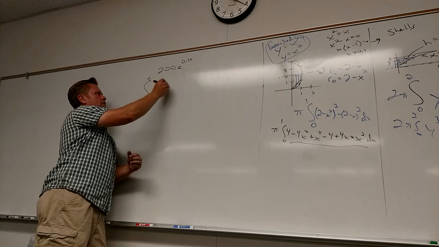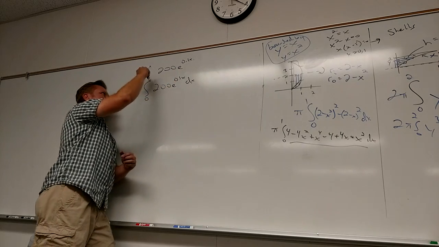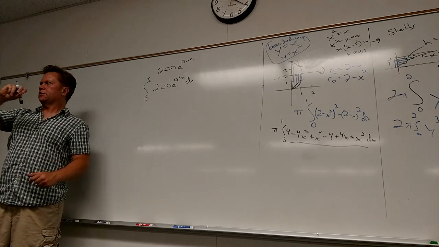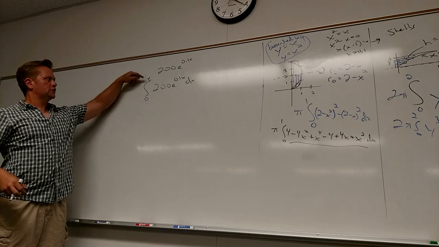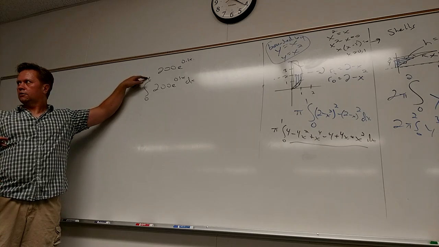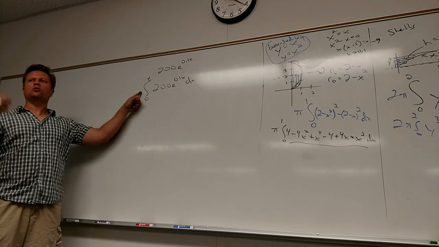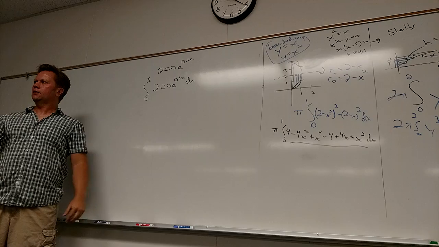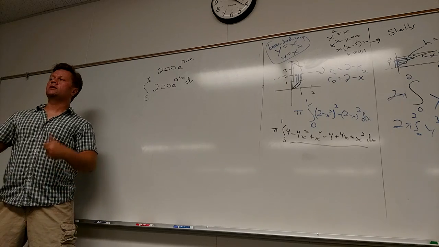So if I integrate this from 0 to t, it will represent the amount of savings. So at t equals 0 years, a 0 to 0 interval is going to be 0, no matter what's inside, right? So in terms of this being the total amount of savings, that makes sense so far. But let me say this again.